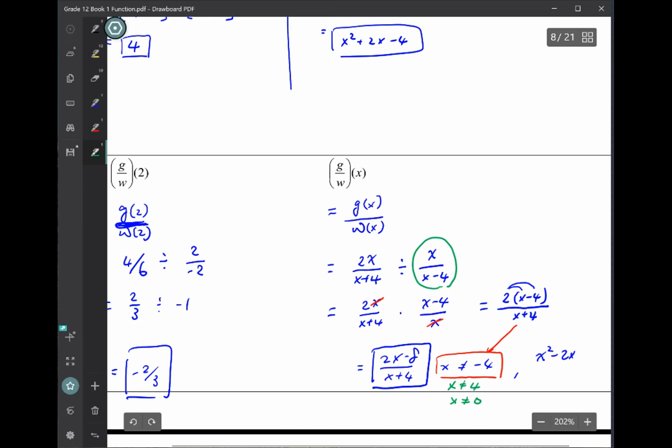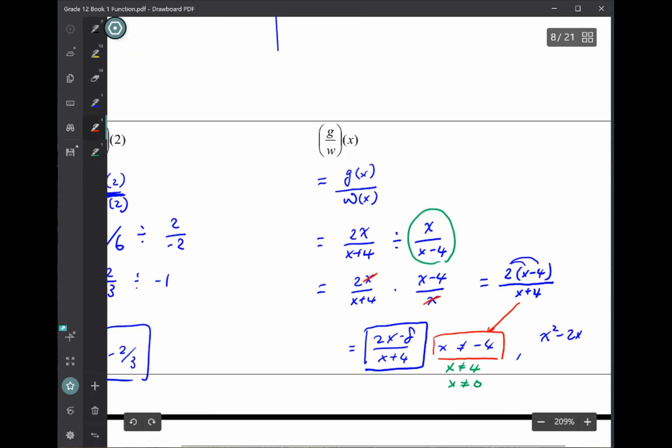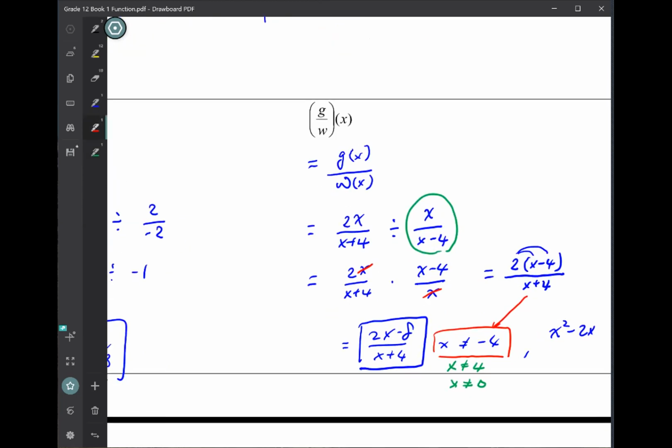Okay, let's use different colors so you guys can get what I'm saying. Whenever you get a denominator, you need to have a restriction. The first denominator comes from here. So that's our first one. The second one comes from, this is the second one, I'll use green. It comes from here. This is the denominator. You get this one.